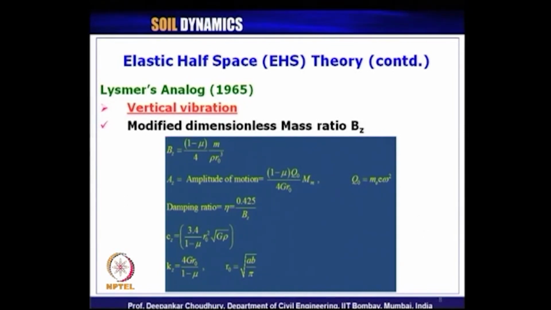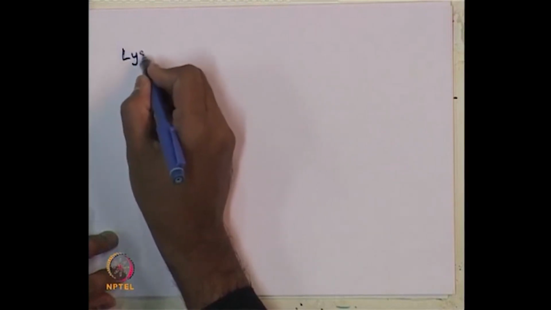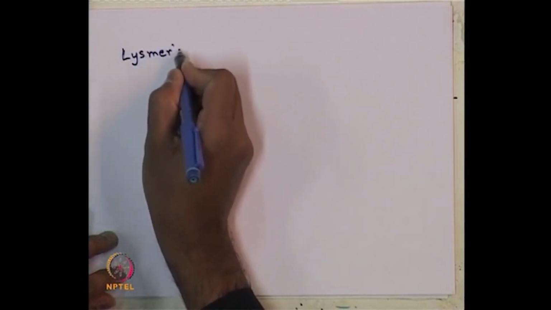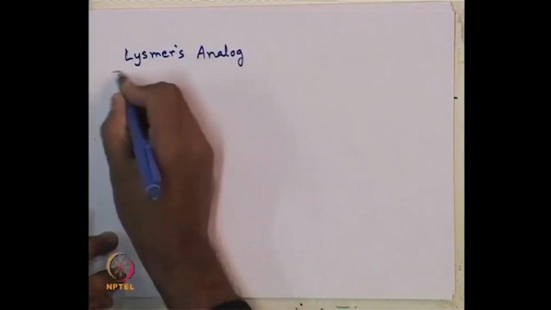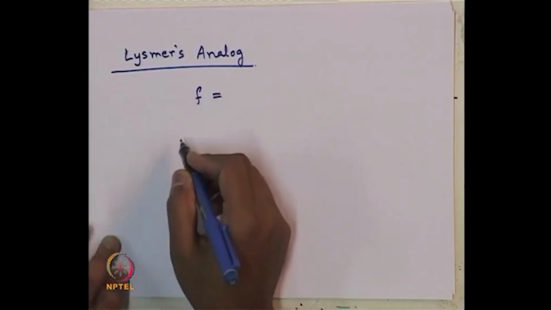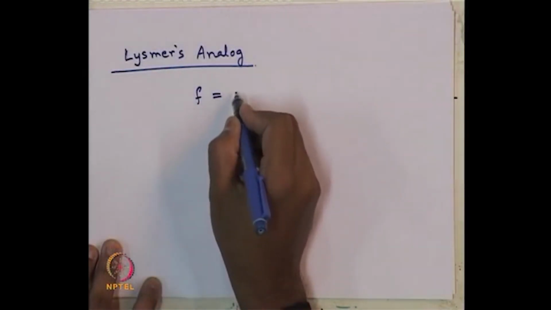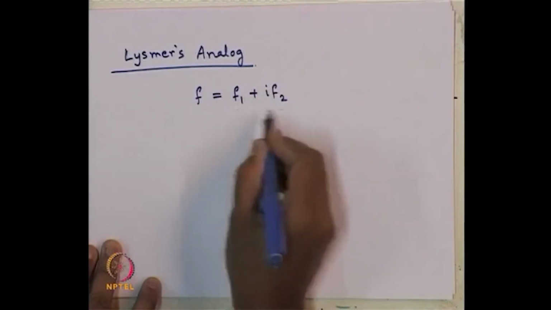So, the basic change in the Lysmer analog was, earlier the displacement functions proposed by Reisner were given by F1 and F2.